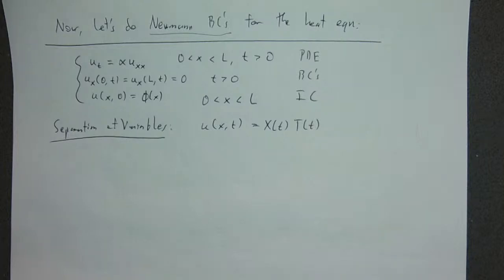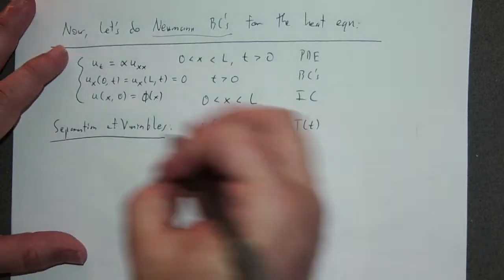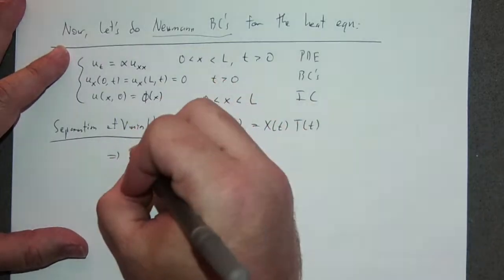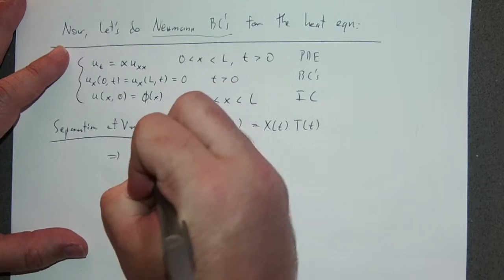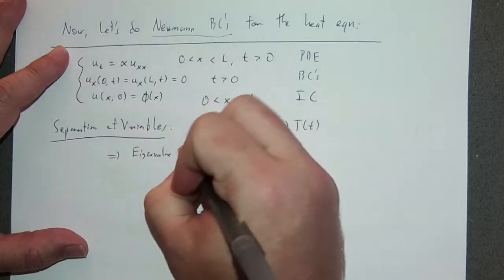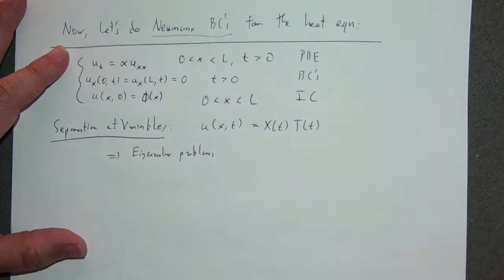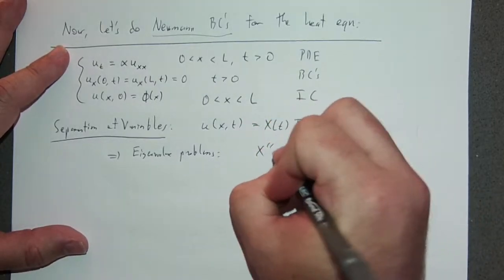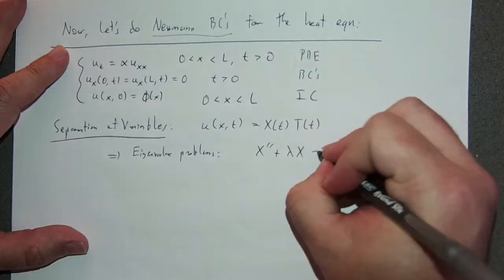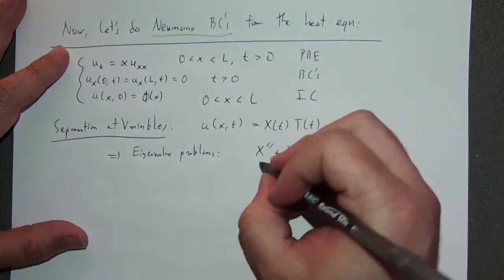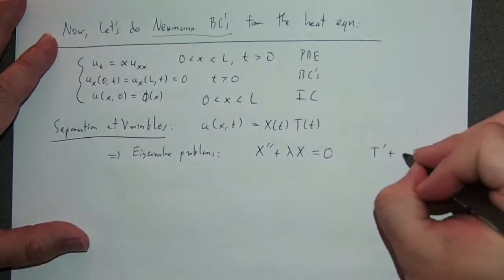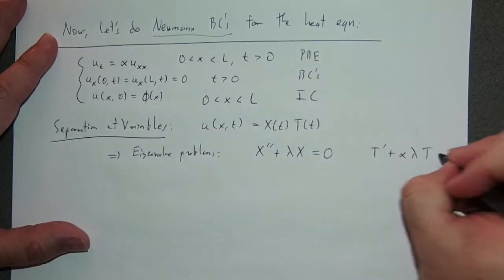Immediately I get eigenvalue problems that look exactly the same, for X and for T. For T, similar to before, this is T prime plus alpha lambda T equals 0.